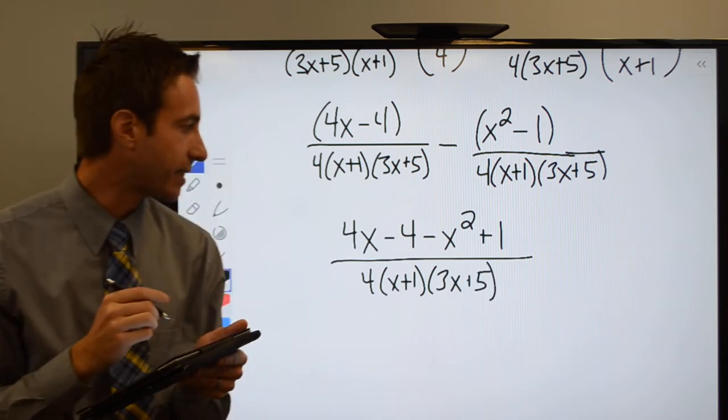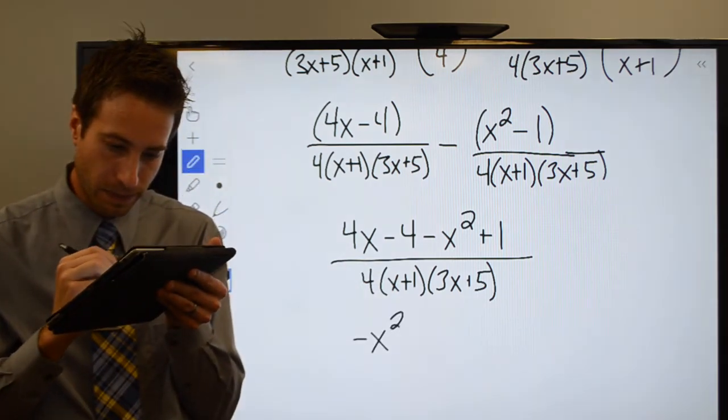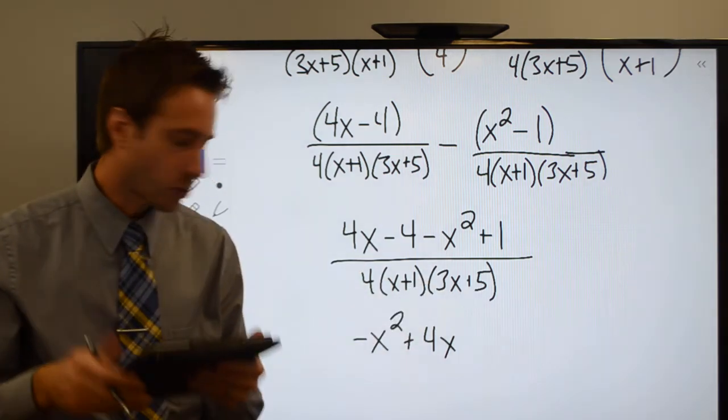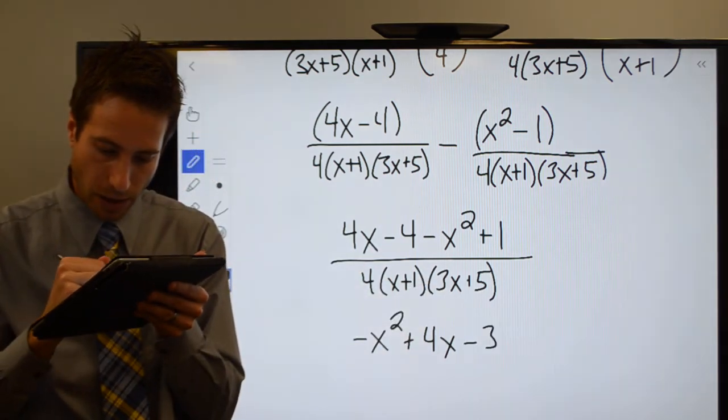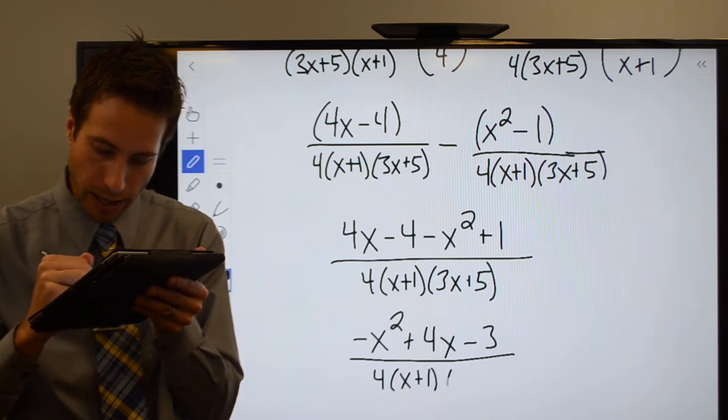One last step, combine like terms: negative x squared plus 4x, negative 4 plus 1, that's a minus 3, all over 4 times x plus 1 times 3x plus 5.